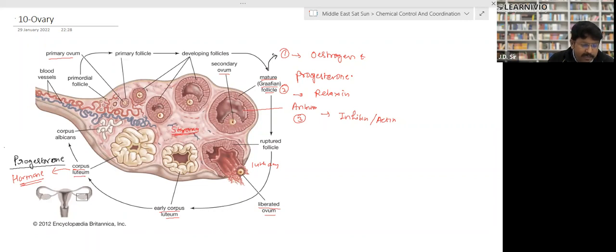It stimulates development of the mammary gland.